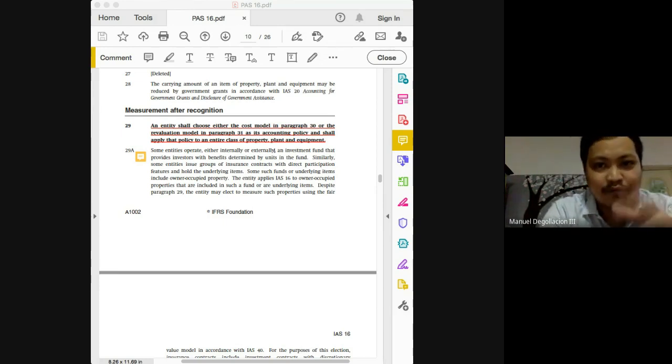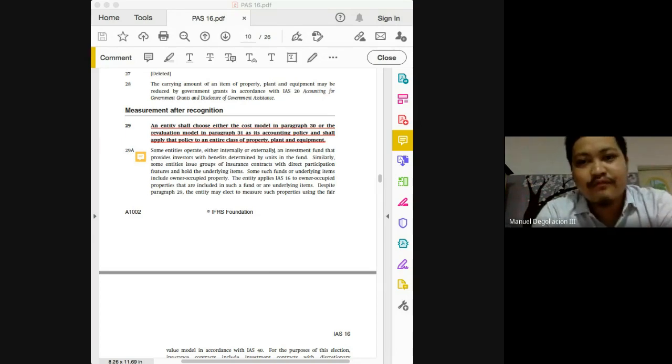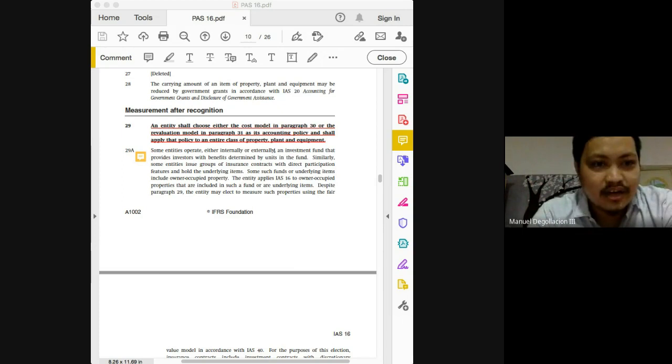Okay, but our focus again here would be the fact that for the subsequent measurement of your property, plant, and equipment, you have the option between the cost model and the revaluation model. Okay, just to go over paragraph 29A, class.